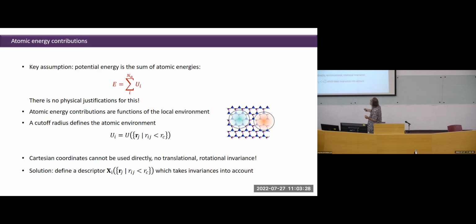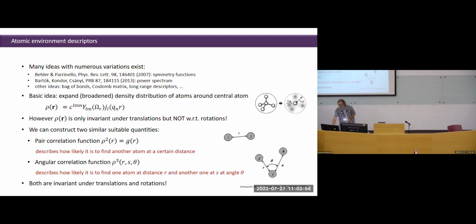If we simply used the coordinates of the atoms around it as a description of the local environment, we would have something that is translationally invariant, but not rotationally. So we seek a descriptor that has both of these invariances, translational and rotational.